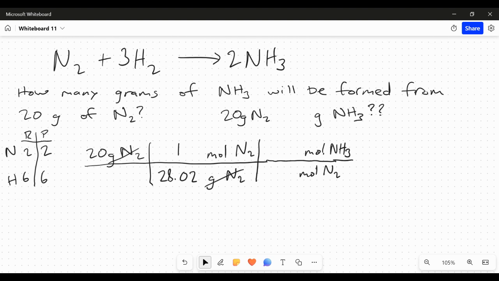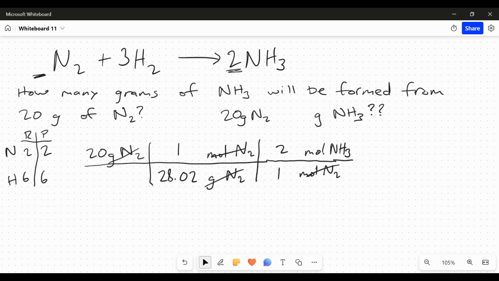Now is where the mole ratio comes into play. NH3 has a 2 as its coefficient, so we're going to put a 2. N2 has no coefficient, so that's just a 1. Cancel out our units. Now we're in moles of NH3.